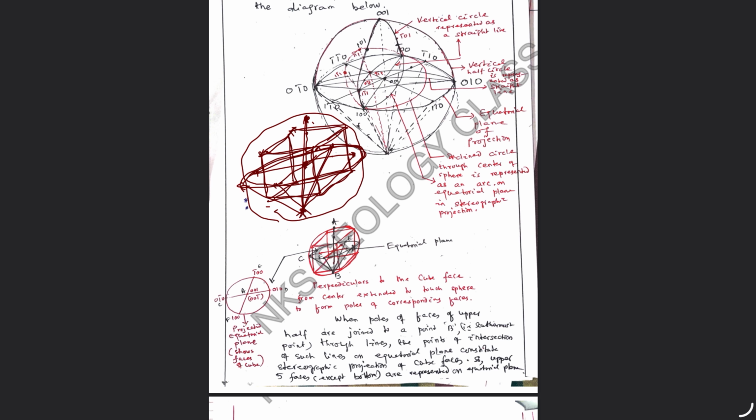So we can see that in the circle, these vertical faces occur. So these are the four vertical faces. They occur in this peripheral zone.